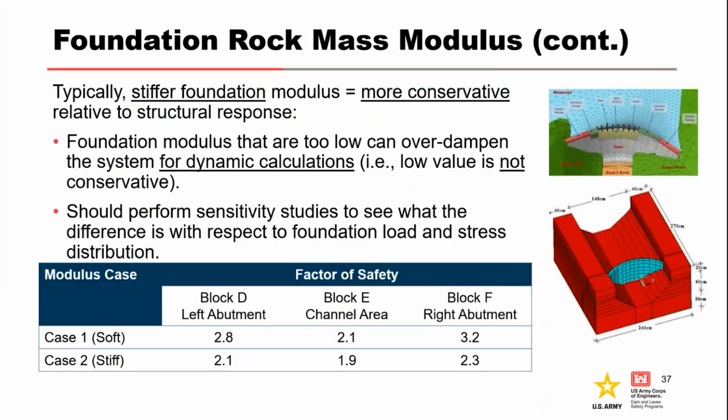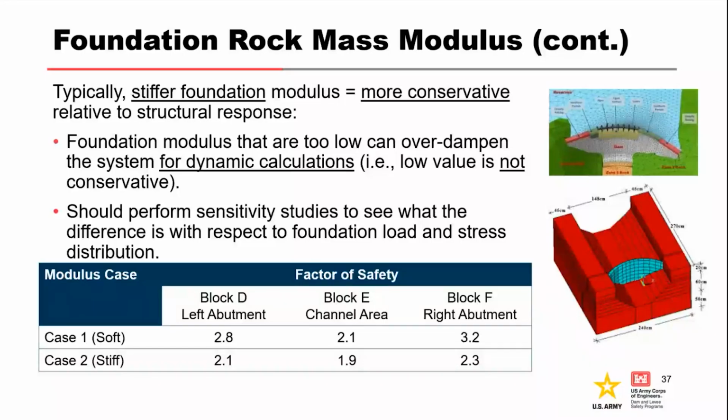So this slide shows the factor of safety calculations for 3 foundation blocks in the foundation of a thick arch dam formed by upstream shallow dipping bedding planes, discontinuities, steeply dipping back release joints, and near vertical continuous side joints.